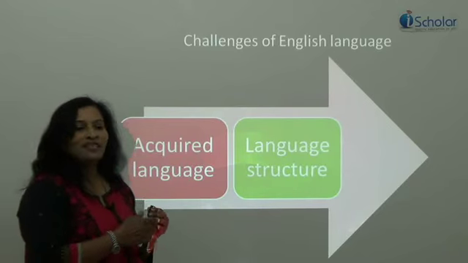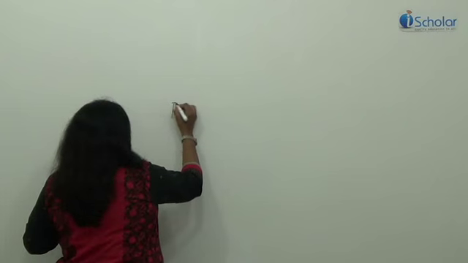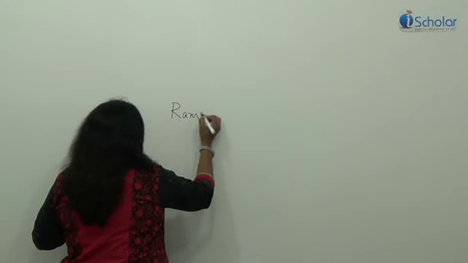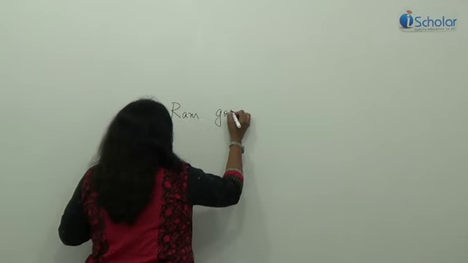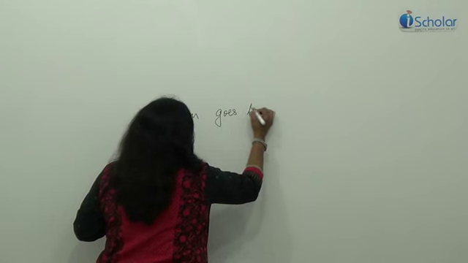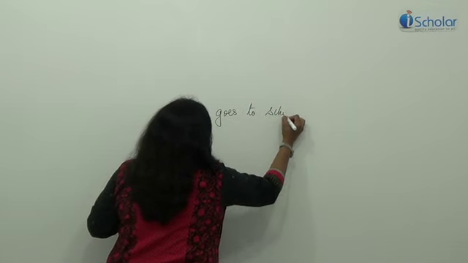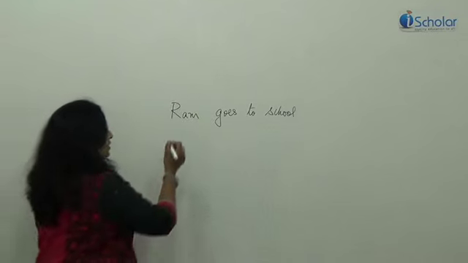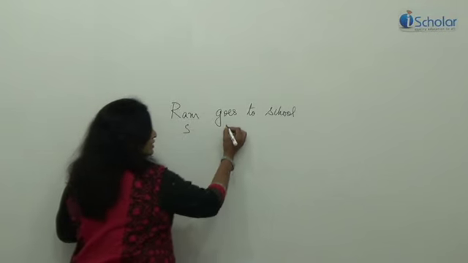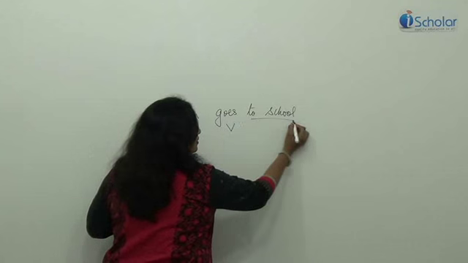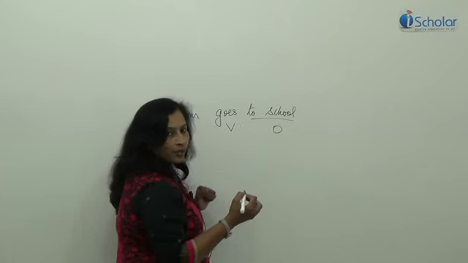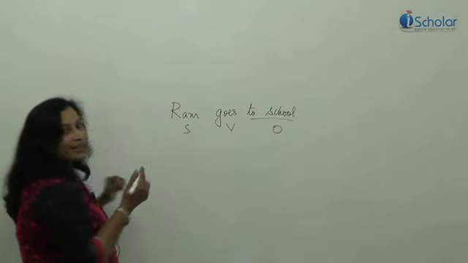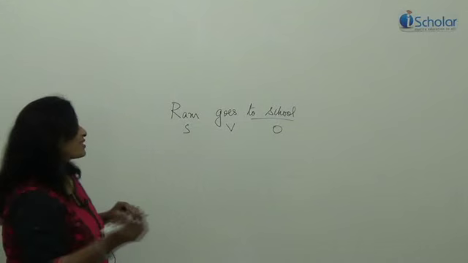I'll give you a simple example. Ram goes to school. Correct? Now, this is the subject, this is the verb and this is the object. Okay? Now, if I were to write this, let's take the most common language, that is Hindi.